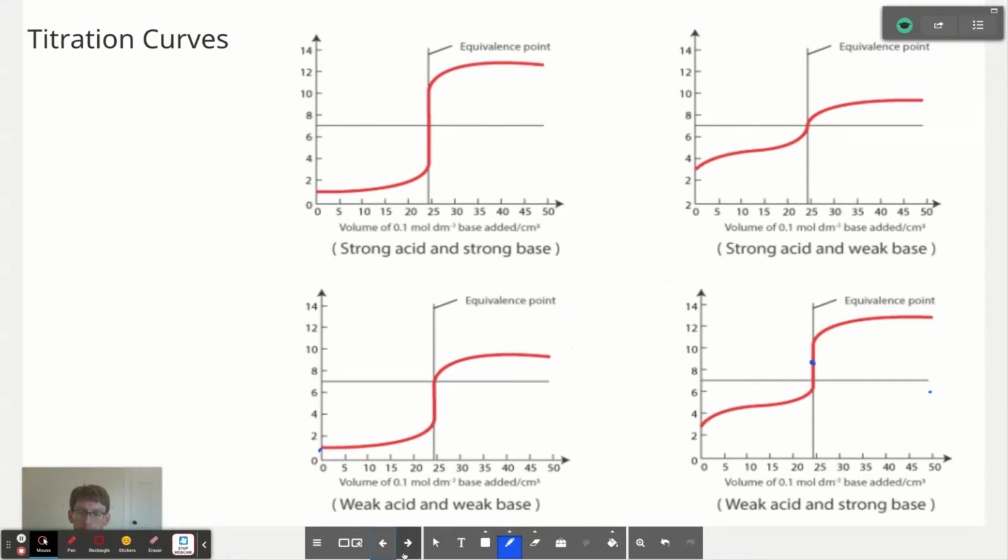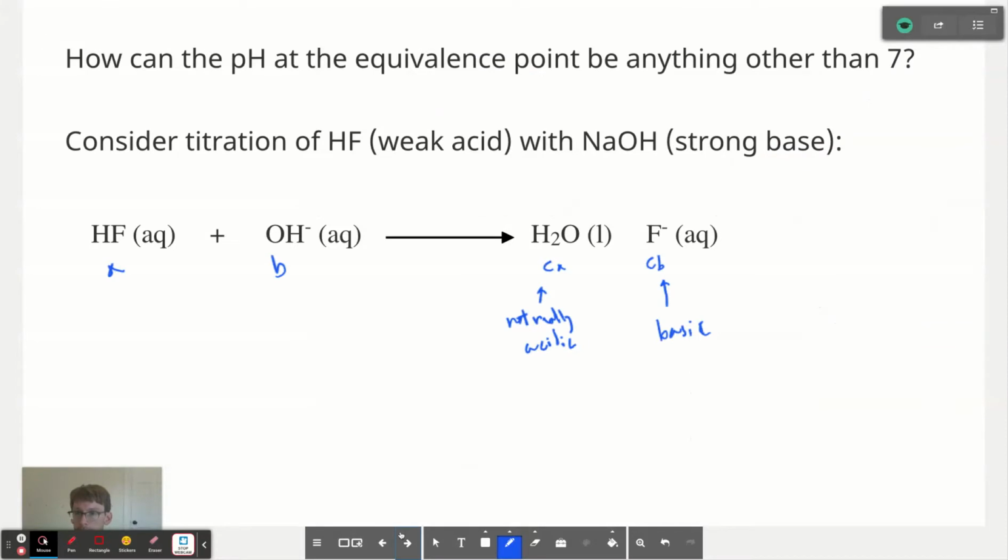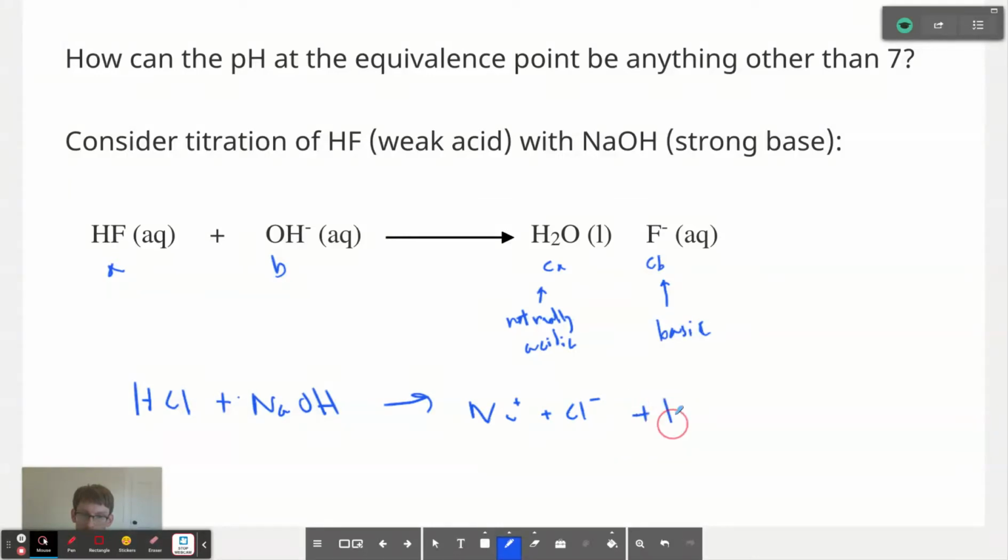If we were doing a strong acid and a strong base, our equivalence point would be at 7 because we'd have something like HCl plus NaOH gives us NaCl, or Na plus Cl minus, plus H2O.